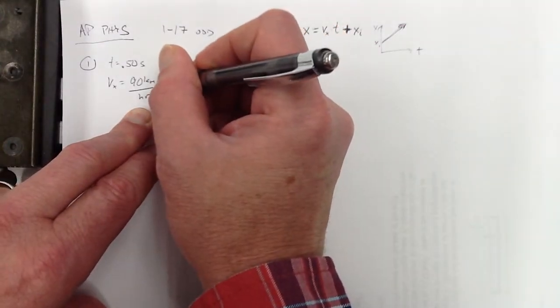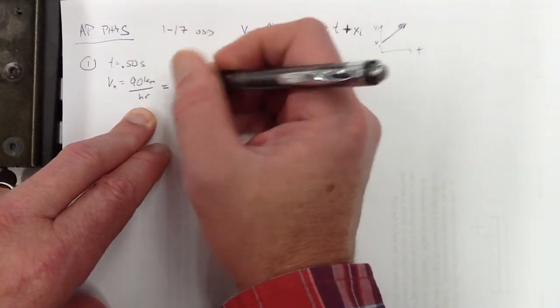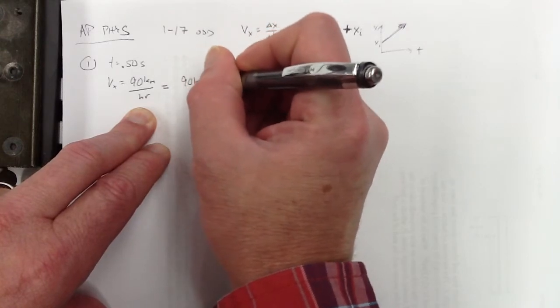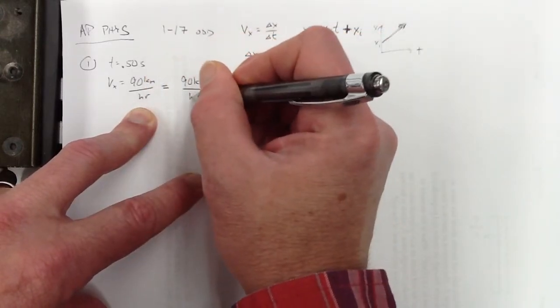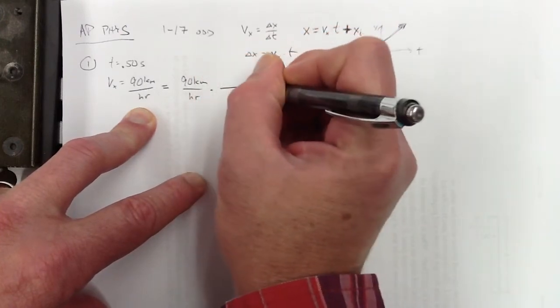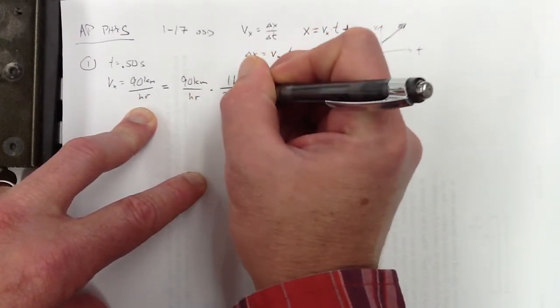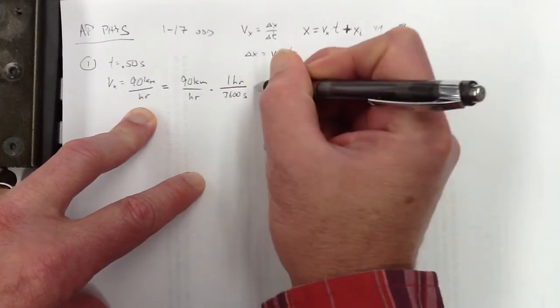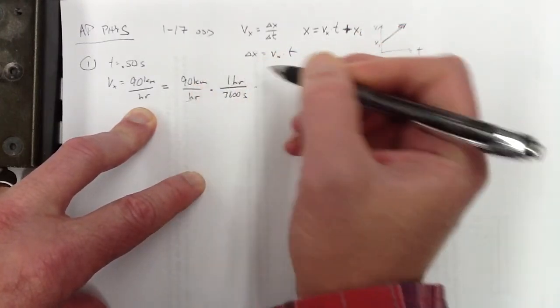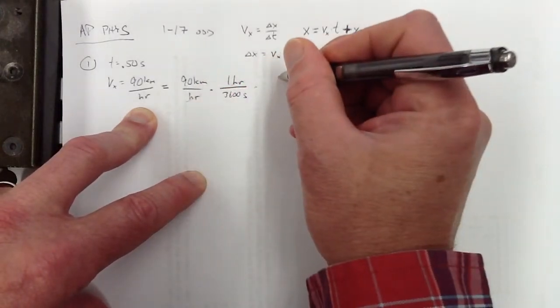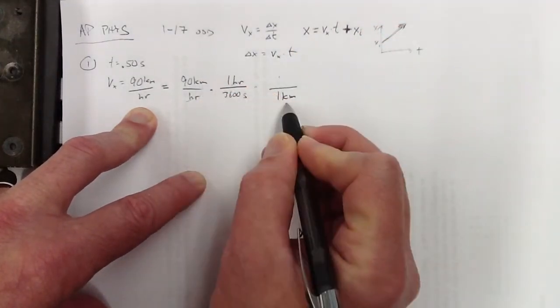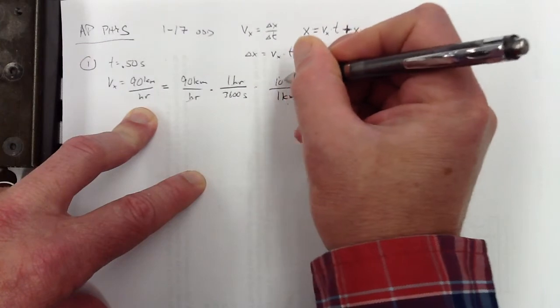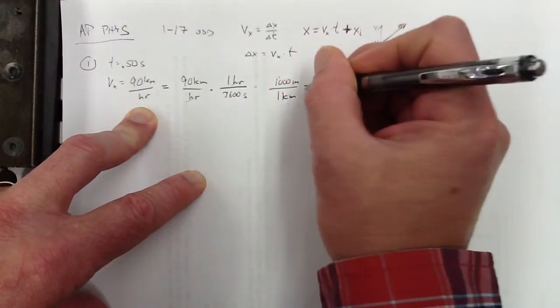This is equal to 90 kilometers. Maybe I'll do meters per second. How about if I do that? Little dimensional analysis. 1 hour is 3,600 seconds, and 1 kilometer, I'm putting that on the bottom so it cancels with that, is 1,000 meters.